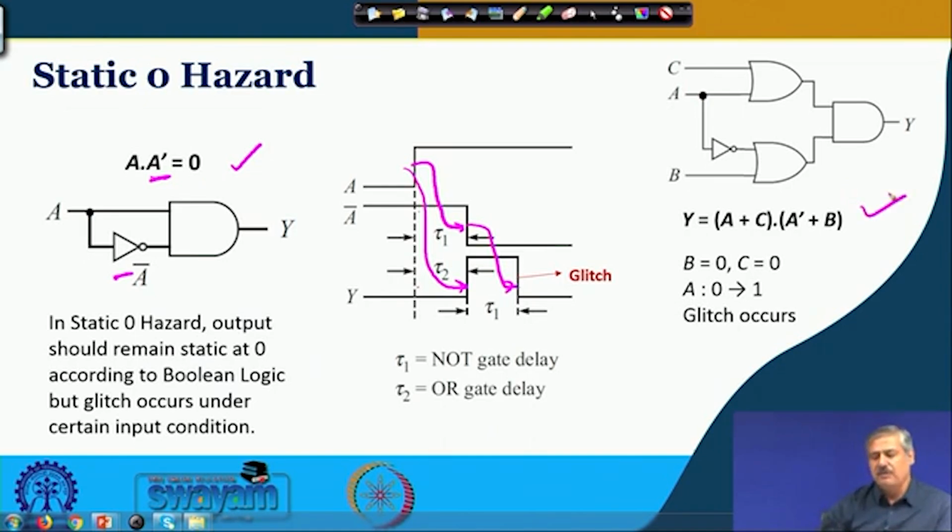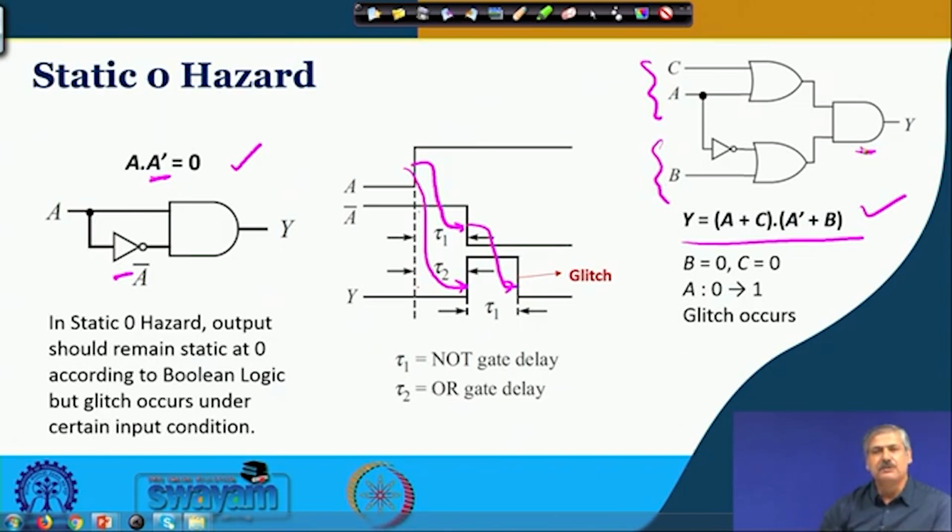This is a known problem, this relationship we have seen earlier in the course. To realize that, we have A or C generated here and A prime or B generated over here, and these two are ANDed through this AND gate.